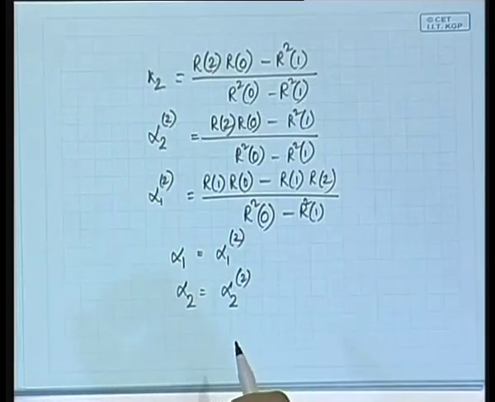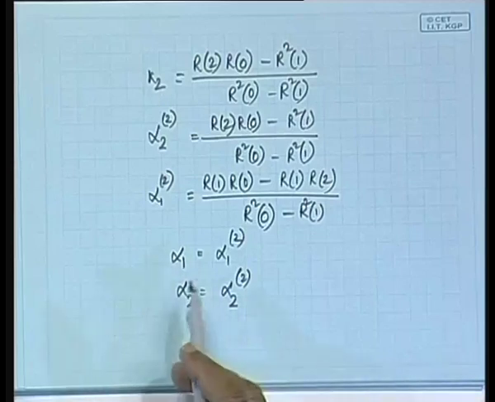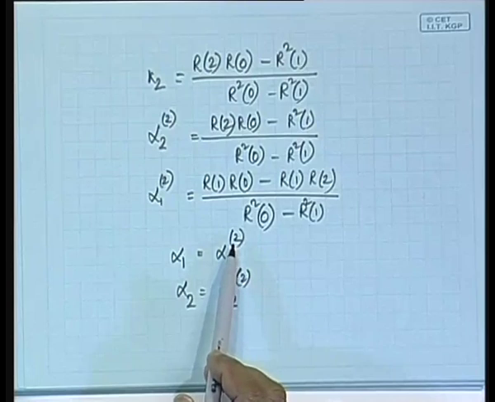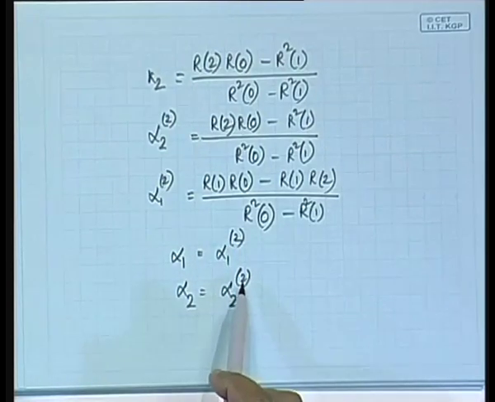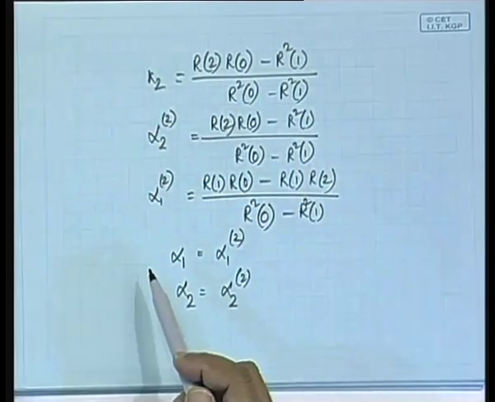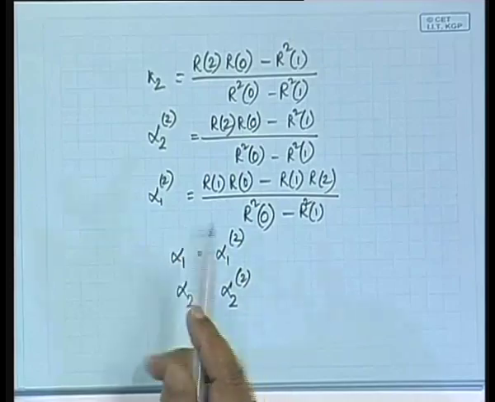The only point to be noted here is that alpha 1 is really the second estimate. For alpha 2, although we are writing the superscript as 2, it is what we have obtained for the first time. For a general pth order estimate, when we have the terms going from alpha 1 to alpha p, the first iteration will only yield alpha 1. The second iteration will yield alpha 1 and alpha 2. The third iteration will yield alpha 1, alpha 2, alpha 3.